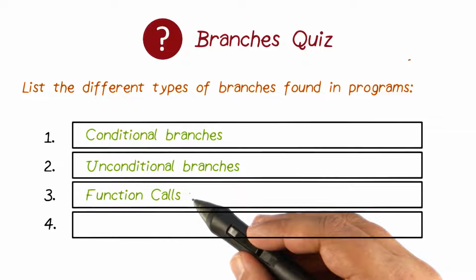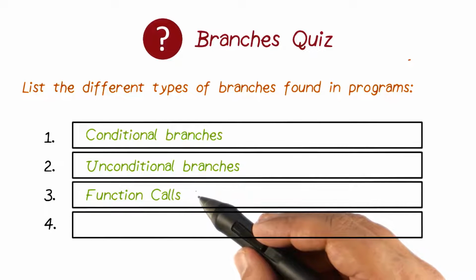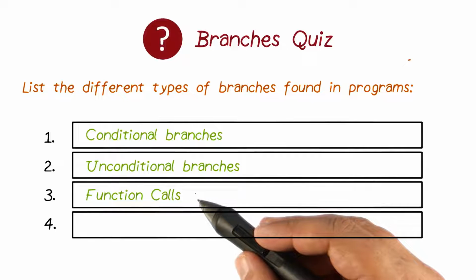What this instruction does is it transfers the control flow to the beginning of the function call body, and it also causes something called a link, which pushes the parameters on the stack and so on. This is one of the most important types of branches, and it does something much more than just transferring the control from one place to the other.